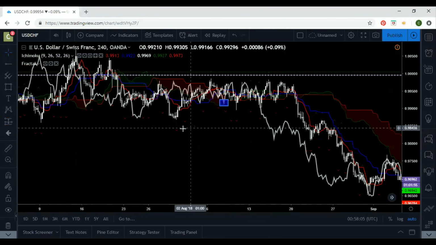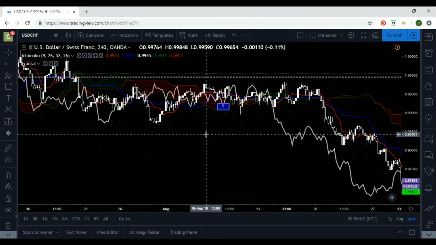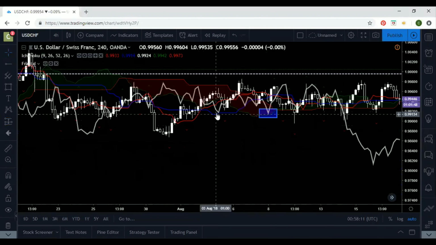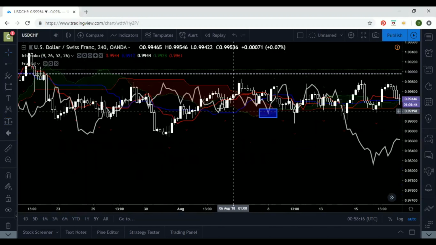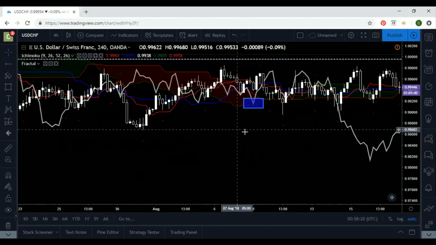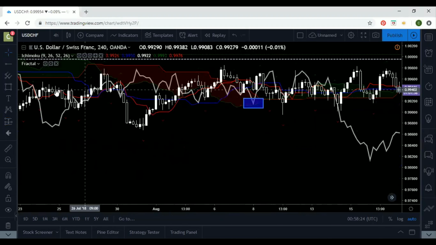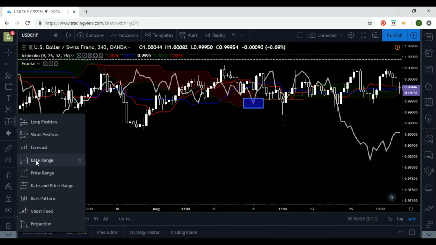So what to avoid for this type of trade, because you do have moments where you see false breakouts like this right here. So you have to pay attention to that. Let's look at it a little bit better.